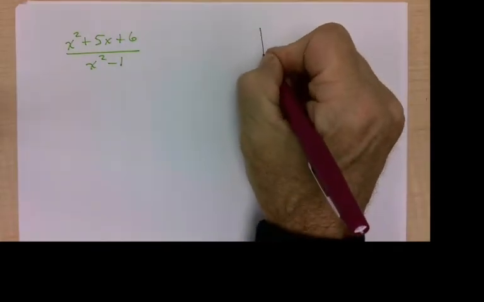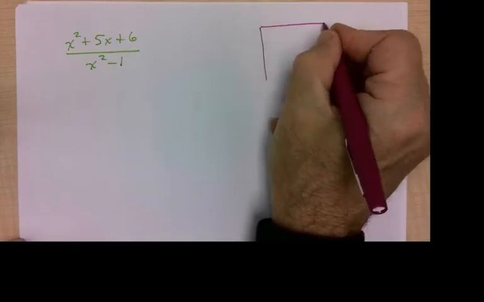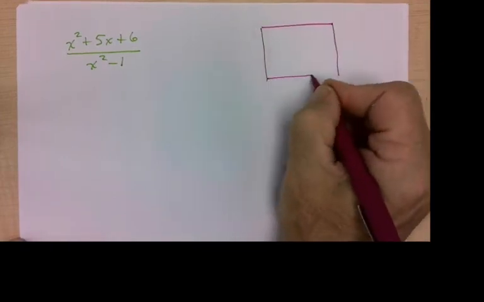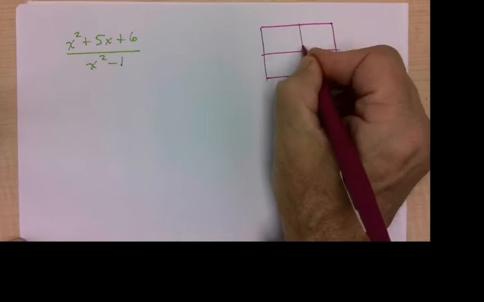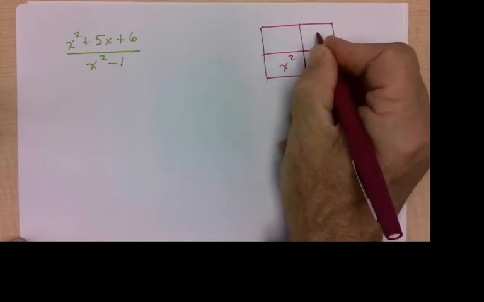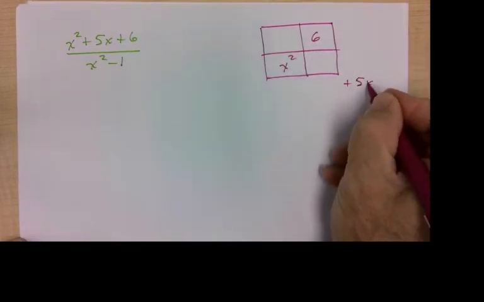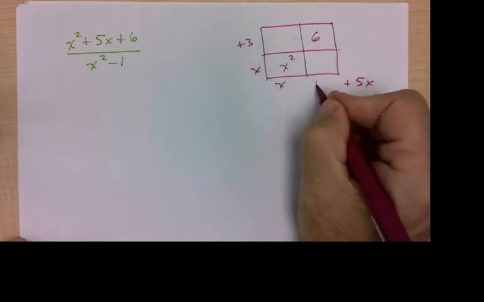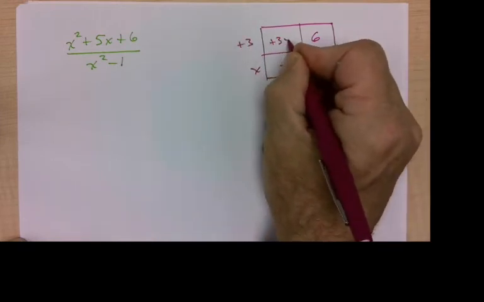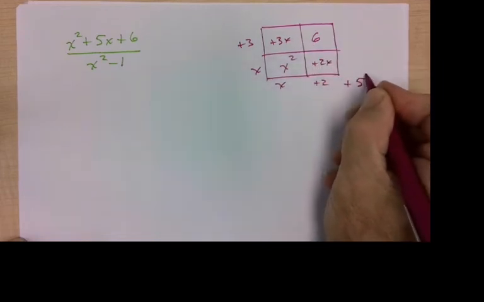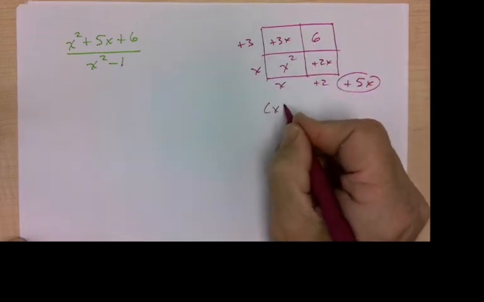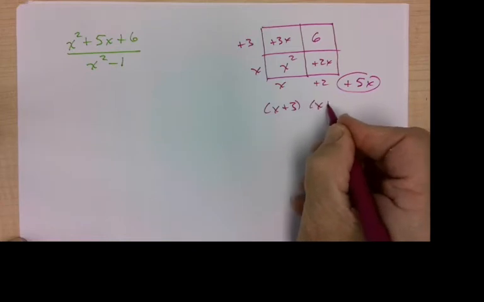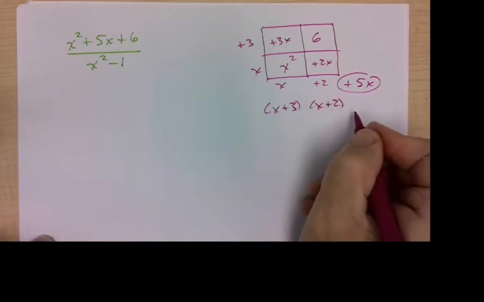So x squared plus 5x plus 6. Let's see what we get there. Here's x squared, here's 6. Here's plus 5x. I believe that'll be x times x, plus 3 times plus 2, plus 3x plus 2x is plus 5x. So I get x plus 3 times x plus 2 on the top.